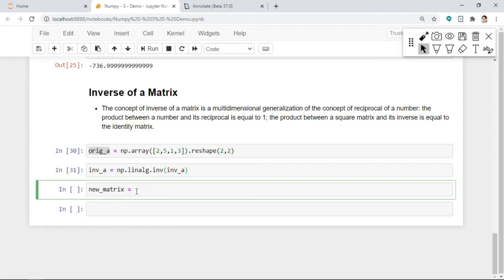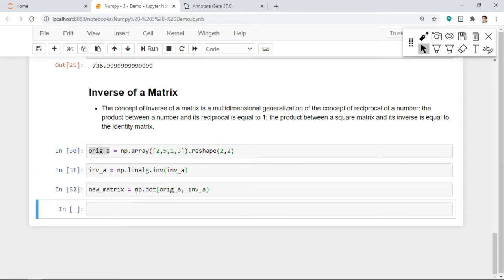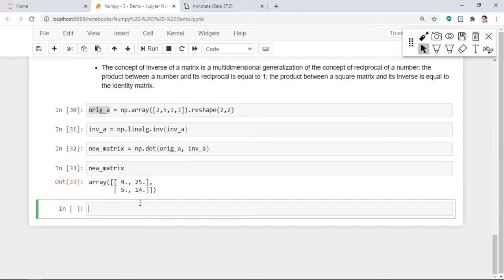Let's see the product here, so np dot, we have original A, then we have inverted A. Let's see the result of the new matrix. I'm expecting here this one is an identity matrix.